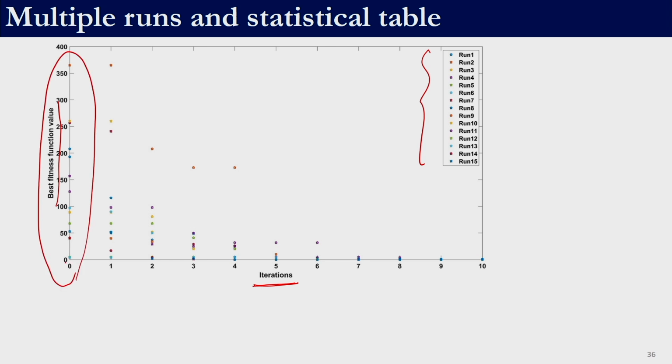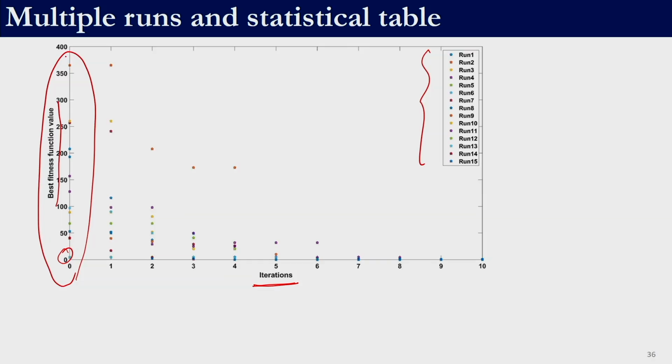If you observe, in one of these 15 runs the initial population itself had a very good solution, because you chose it randomly. It so happened that one of the random solutions which you generated is actually closer to the optima, whereas in one of the runs the best solution of the initial random population itself was very bad, because it was above 350, right.